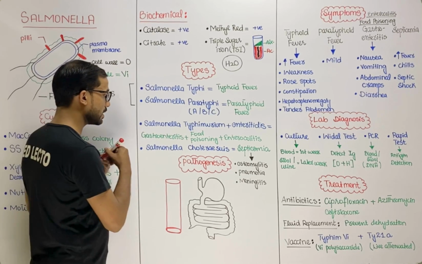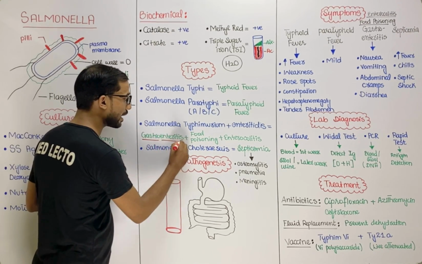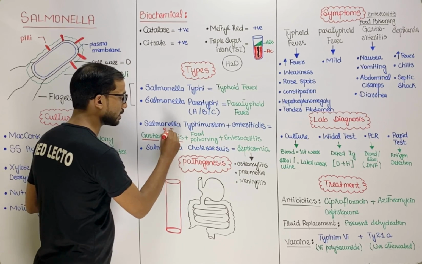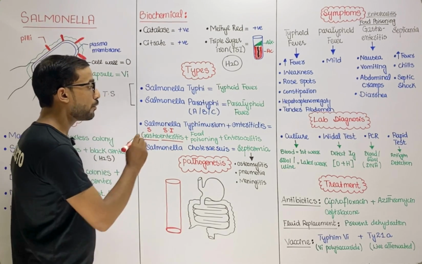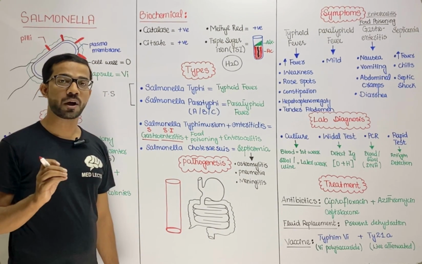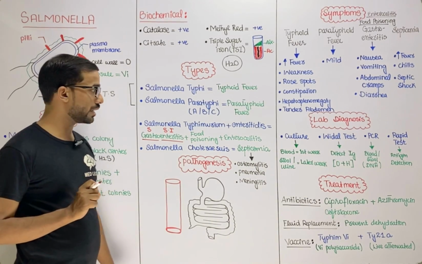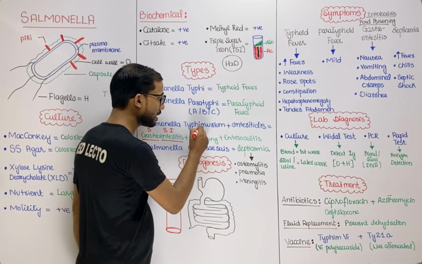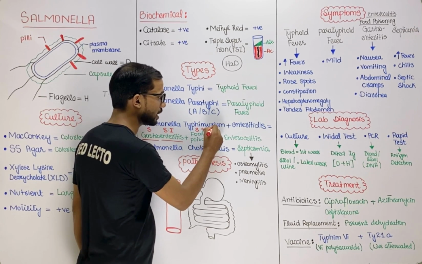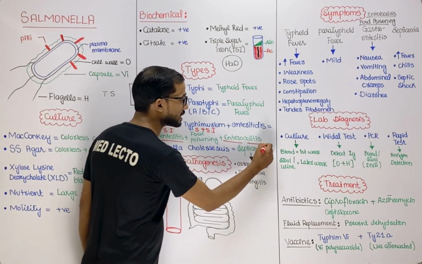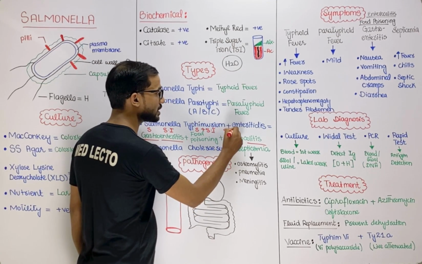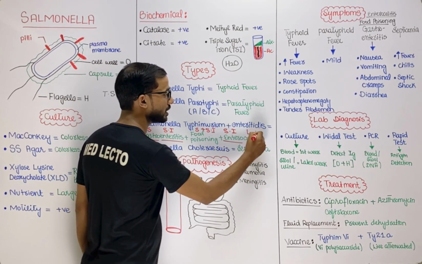Gastro means stomach and enteritis means small intestine. Food poisoning is another one, in which our stomach and small intestine are also involved. In that case, stomach plus small intestine. And enterocolitis: entero means small intestine, colitis means large intestine.